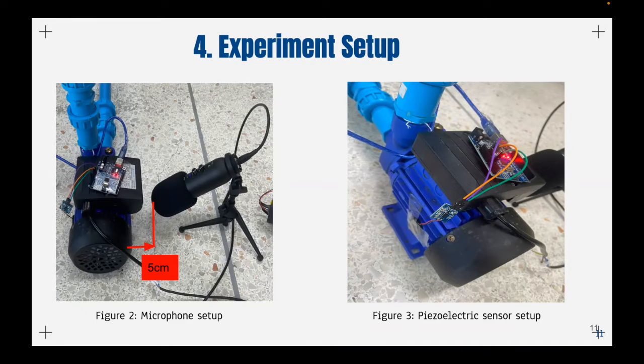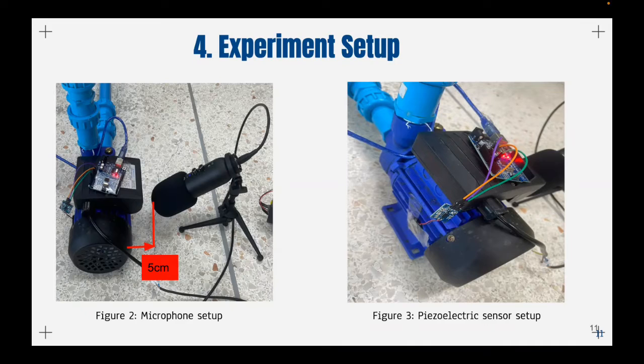The frequency response of the microphone is 20 Hz to 20 kHz, and the microphone sensitivity is minus 44 decibels, plus or minus 3 decibels. The USB audio used is USB-A to USB-B, directly connected to the laptop with a sample rate of 48 kHz at 16 bits.